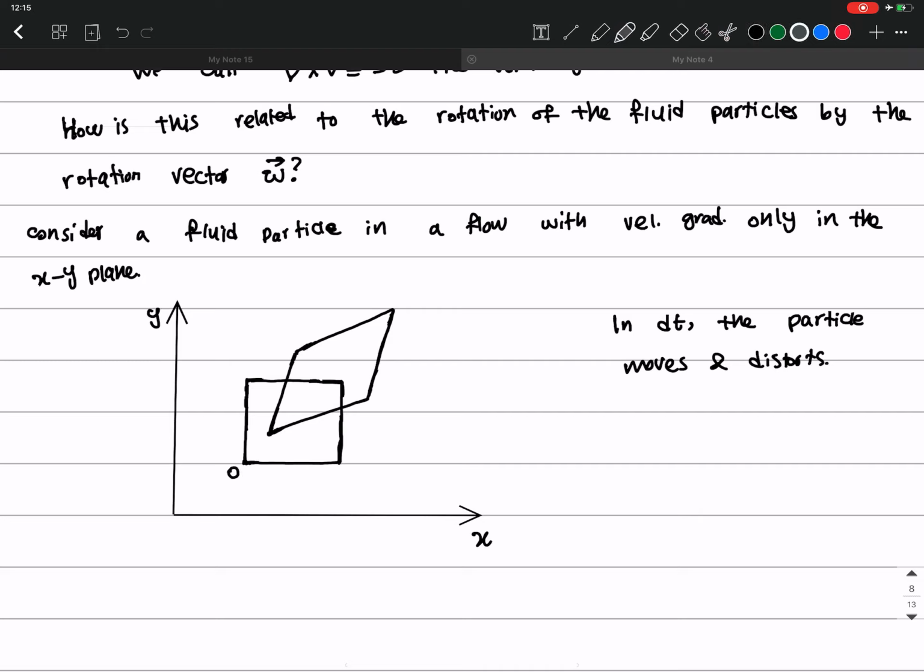So first it moves. This part we know: if we have u at O in the x direction, this distance is u_O times dt after a short interval. And this distance is going to be v naught times dt. Okay. So now we are particularly interested in these rotations here.